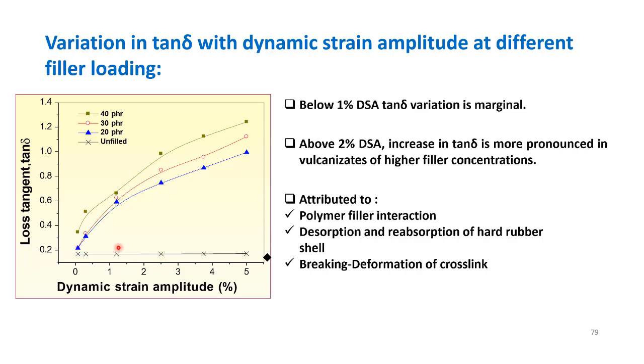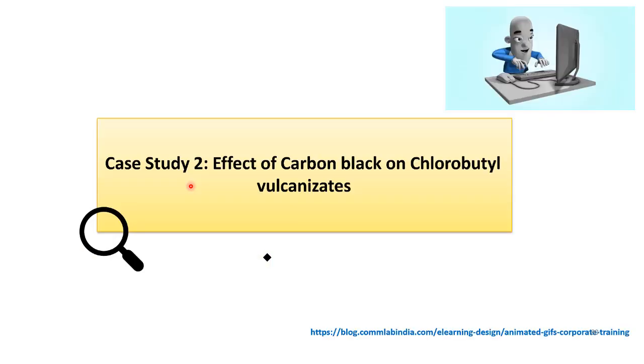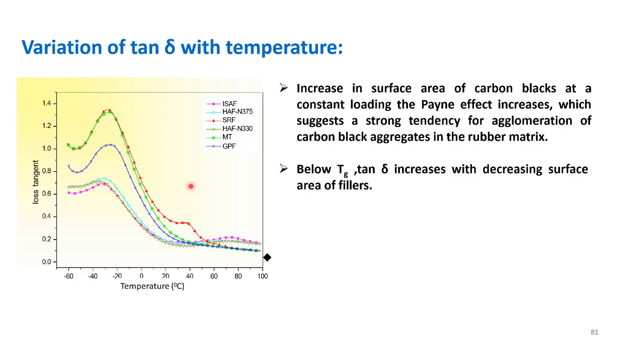The unfilled one is this one. It increases a lot, and with increasing percentage it keeps increasing. This is attributed to polymer-filler interaction, desorption and reabsorption of the hard rubber shell, and the breaking or deformation of the crosslinks.